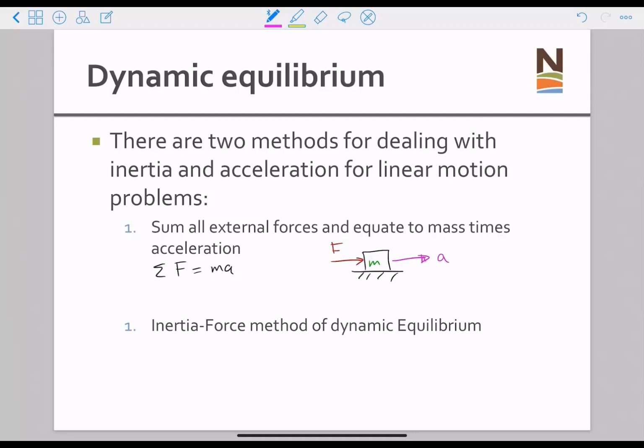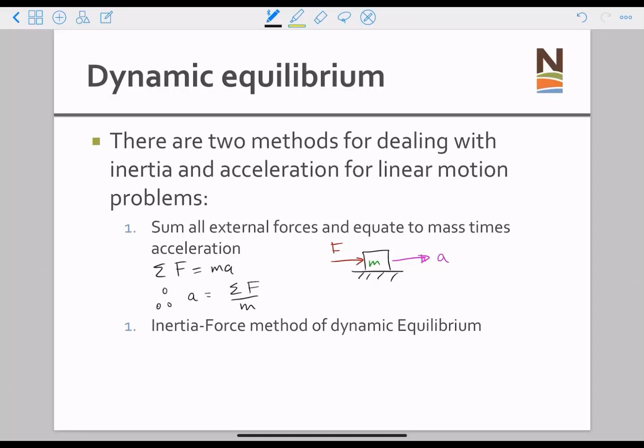And how do we solve for that acceleration? Well, we just rearrange our equation. Where we have the sum of the forces equal to ma, we rearrange it for a, and a is equal to the sum of the forces over mass. Okay, so that's a very standard way of solving this type of problem.